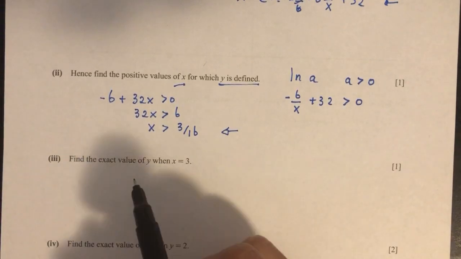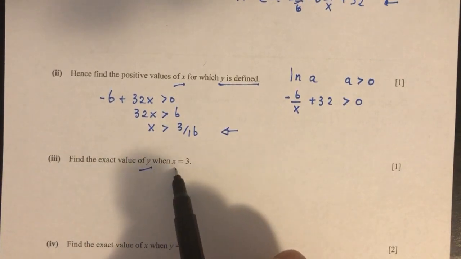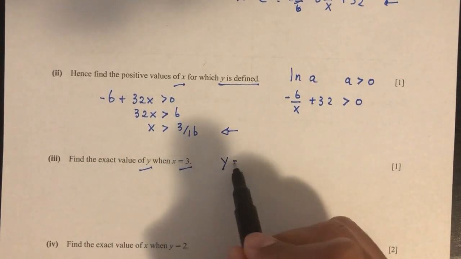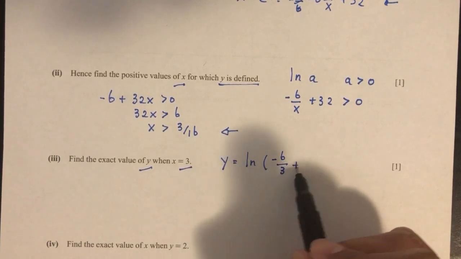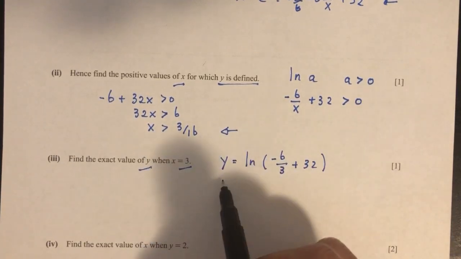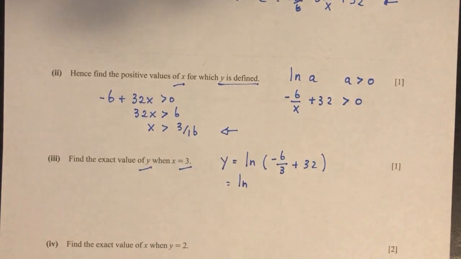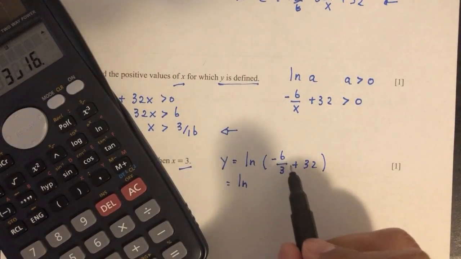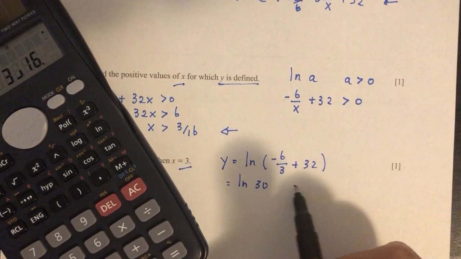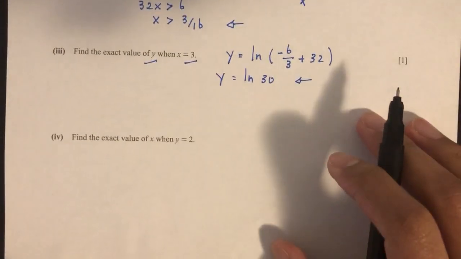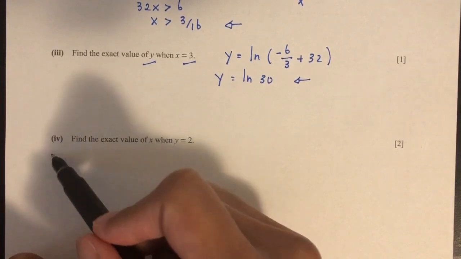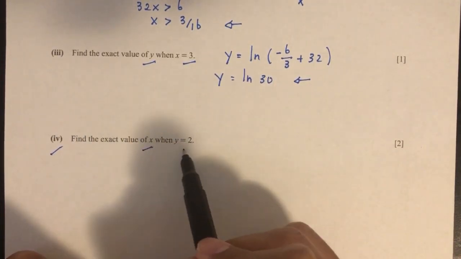So part 2, find the exact value of y when x equals 3. So y equals ln of minus 6 over 3 plus 32. So that will be ln of, that will be minus 2, that will be 30. So that's the exact value of y. Now for part 4, find the exact value of x when y equals 2.